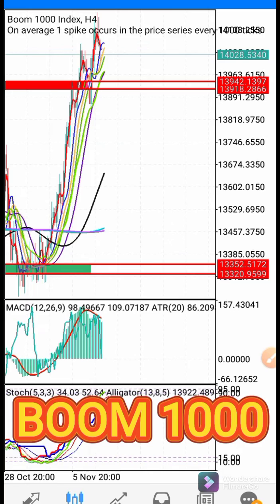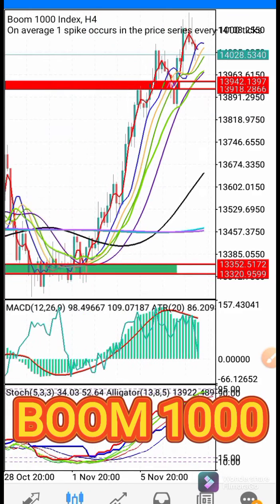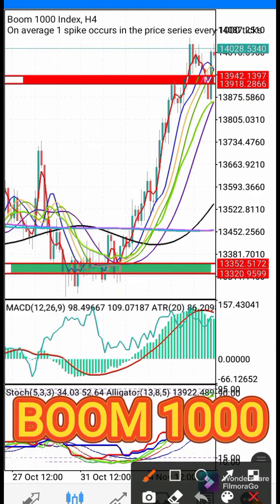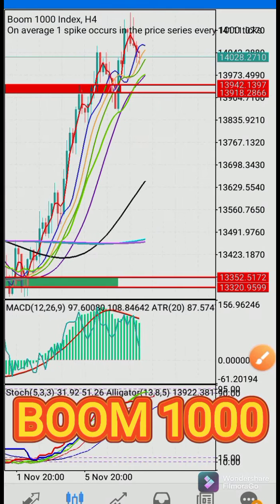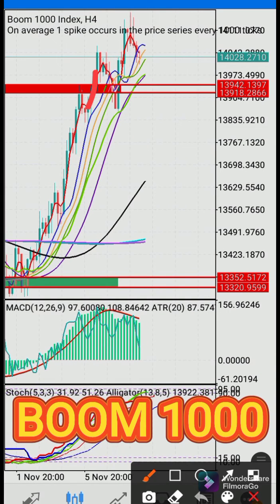You see where I mark my zones here, this green and white, our base support level and our resistance level. Look at what is happening here. The market has broken below our resistance, retested it, and broken higher. So the market is trying to retest for the last push before we move on higher. That is why I gave you a sell signal on Boom 1000.